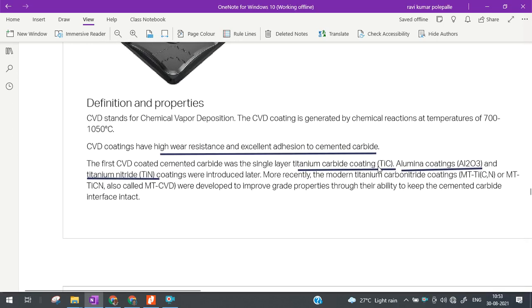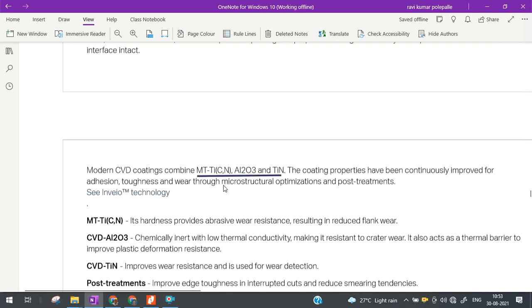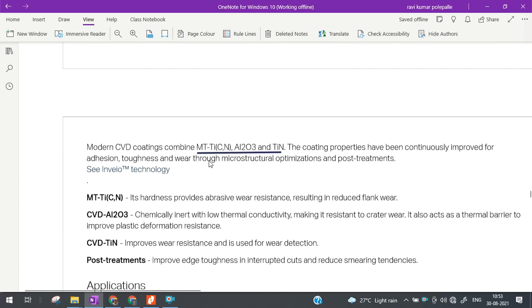Titanium carbide coating, alumina coating, and titanium nitride coatings are normally used. So in modern days, MT-TiCN, Al2O3 and titanium nitride are all combined.